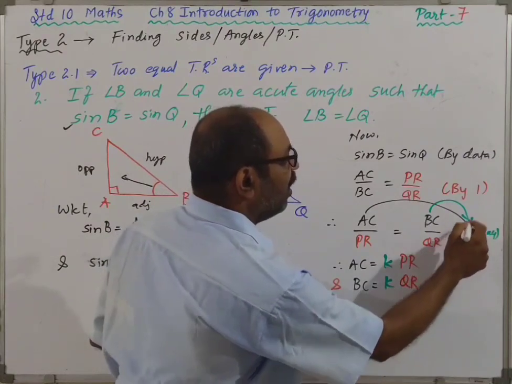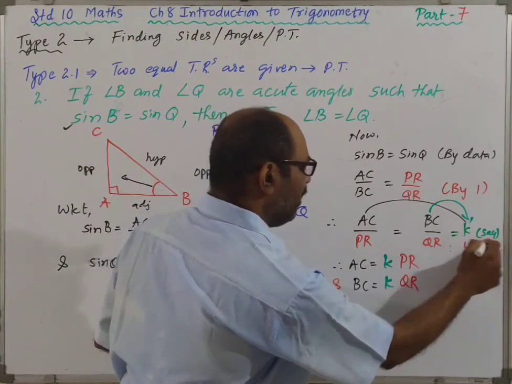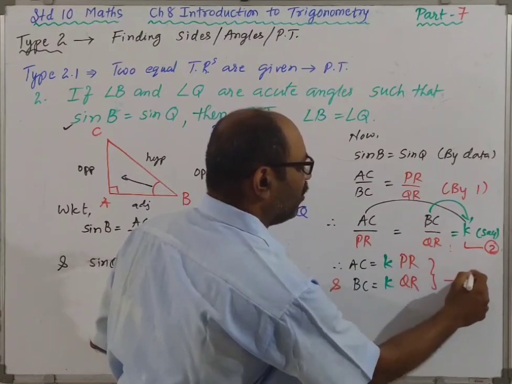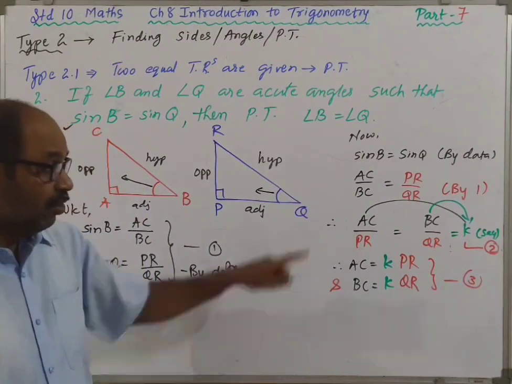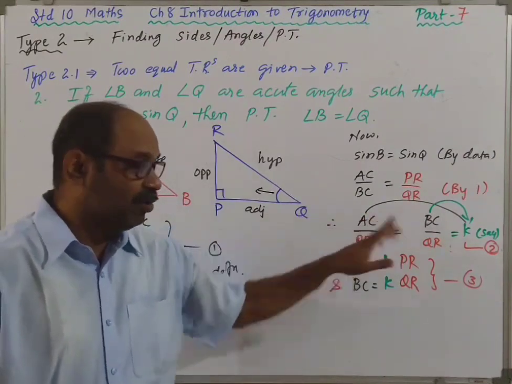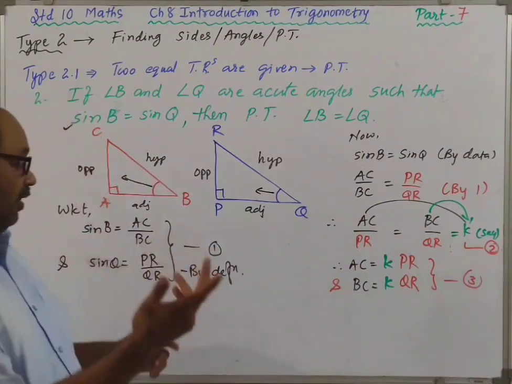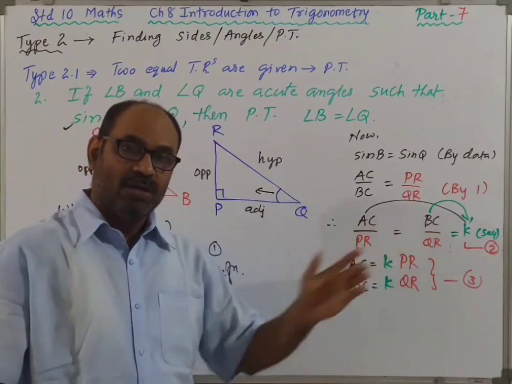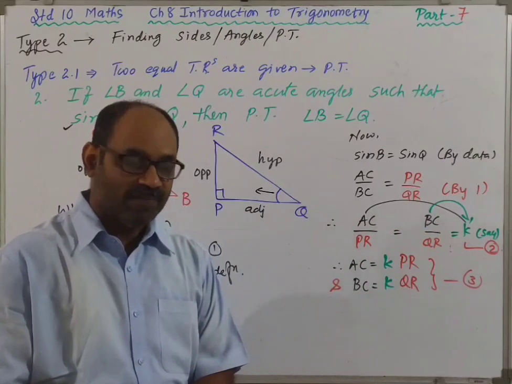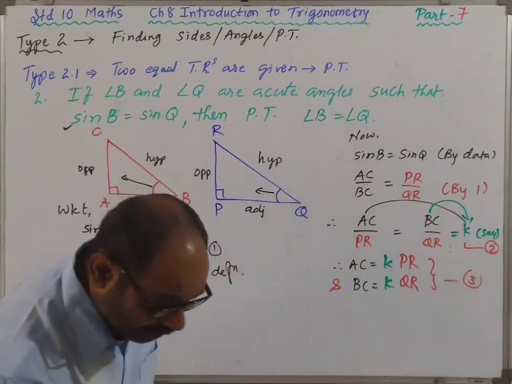All right. इसको आप 2 कह दो और इसको आप 3 कह दो. Take that also number. So you got AC upon PR equal to BC upon QR. और यदि थर्ड साइड AB upon PQ भी जो मिल गया, that is equal to, then finished, the work is over. All right. देखते हैं.